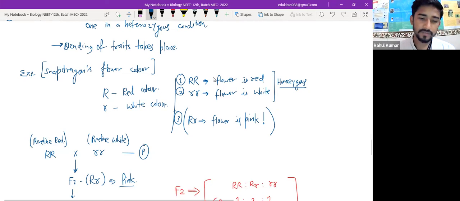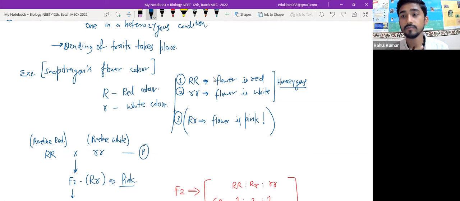Production of starch granules was not studied by Mendel because for that you need advanced microscopy, where you can see the size of these starch granules. Otherwise, Mendel would have realized that there is incomplete dominance in some cases.